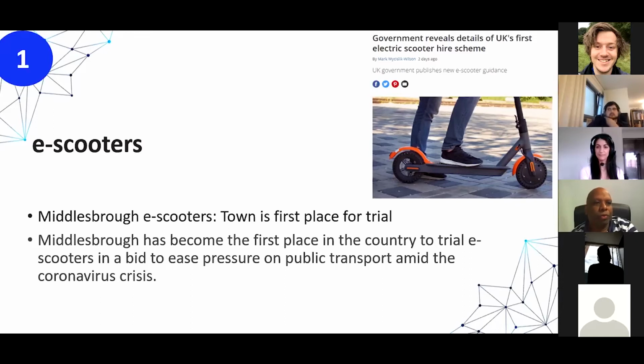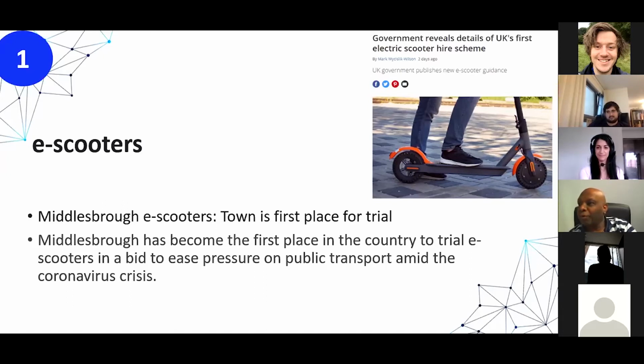Okay, so e-scooters. I'm not sure if you have been following the news. E-scooters are used in most of the big cosmopolitan cities in Europe and the US, and it's coming to the UK. We now have a trial option that has been put in place by UK Government.